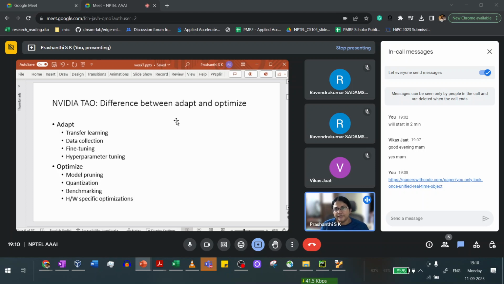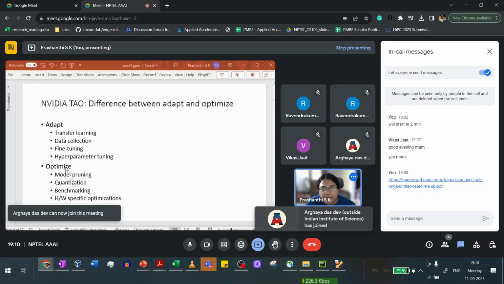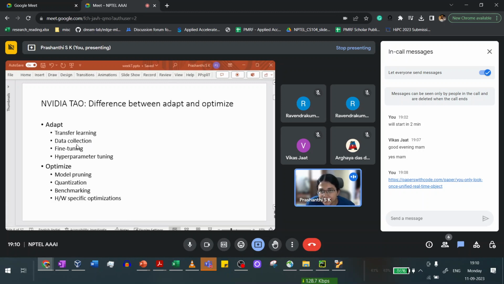The other question I got was about the TAO transfer learning toolkit: what is the difference between adapt and optimize? Here are some examples. Adapt broadly includes things like transfer learning, where you take the model and collect data in order to retrain it, and you might also do some fine tuning or hyperparameter tuning.